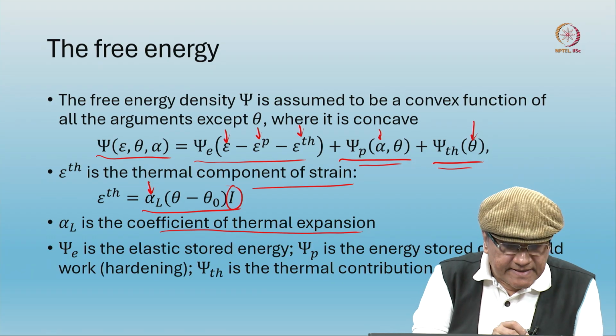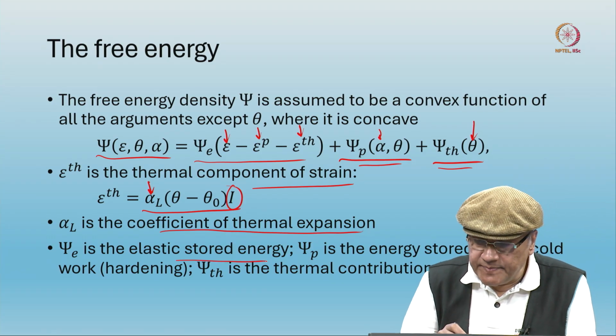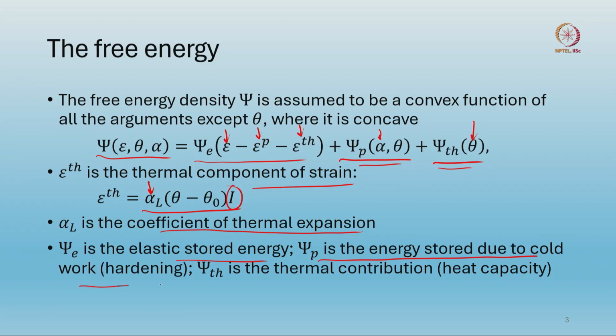So, psi E is the elastic stored energy, psi P is the energy stored due to the cold work. So, this hardening is a microstructural change of a very specific kind, because of which the work is stored in psi, and this is called cold work. Okay. This is the typical term used. This is to say that this happens, the work happens without a specific input of temperature, right.